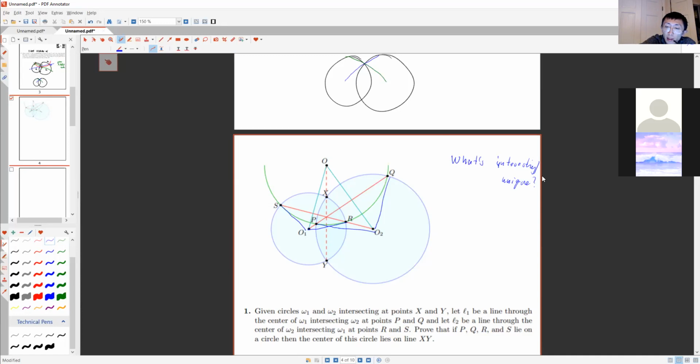Well, okay, but what's the given information that's different than a radical axis statement? We know PQRS is already cyclic. Well, yeah, but that's part of the radical axis statement. What's an actual difference between this and the general diagram of three circles?